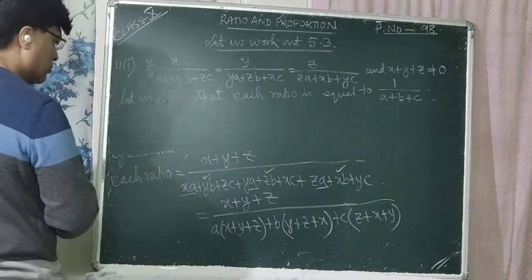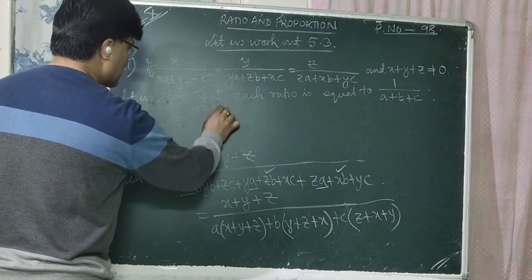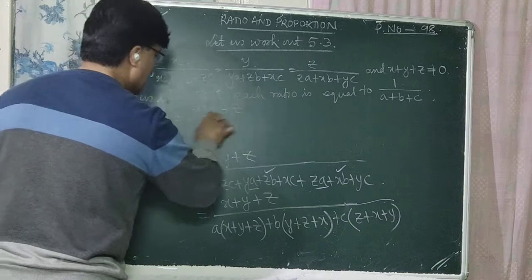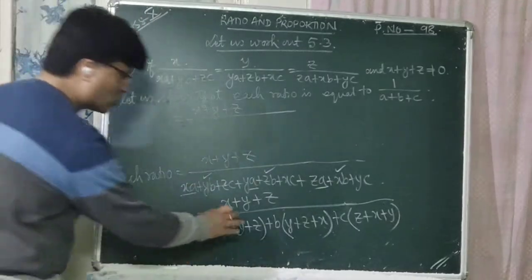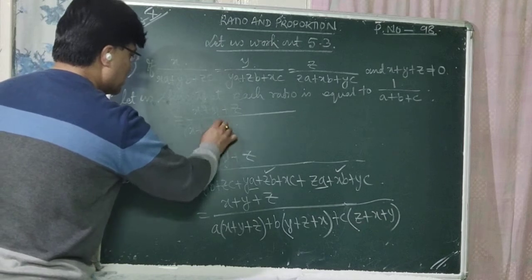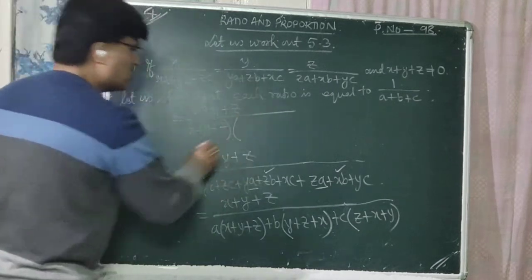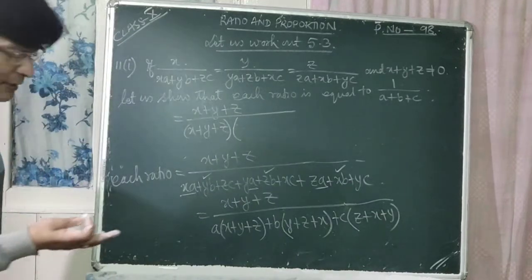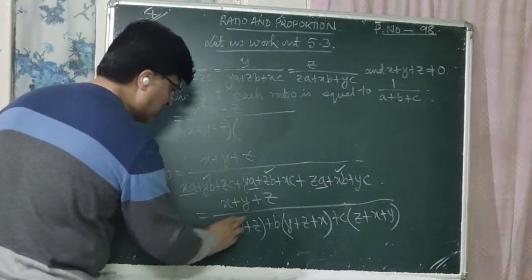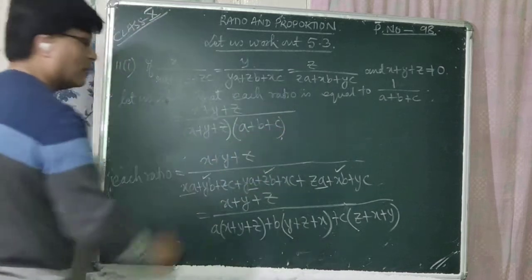So let us write down, which is equal to x plus y plus z divided by, what is common out here? It is x plus y plus z. So x plus y plus z is taken common out here. So write down the remaining terms in the other bracket. What are the remaining terms here? a plus b plus c.